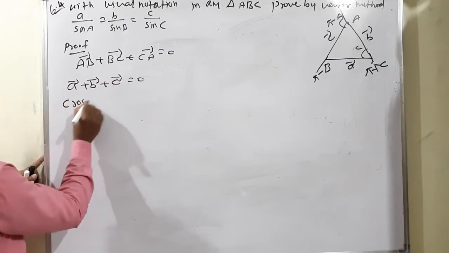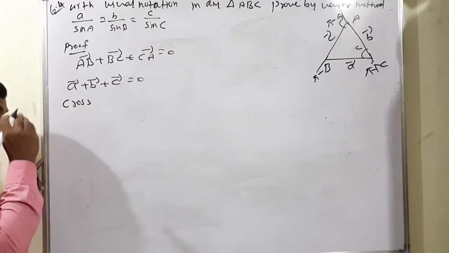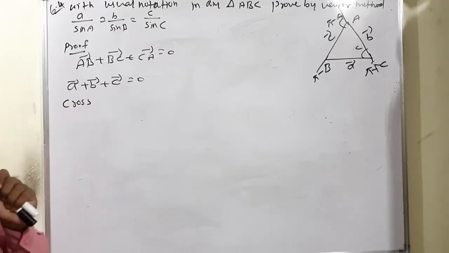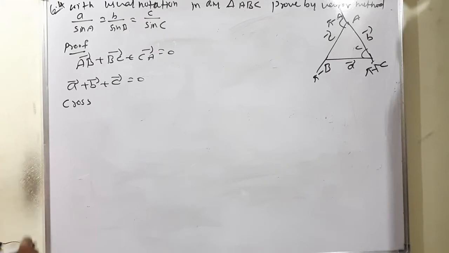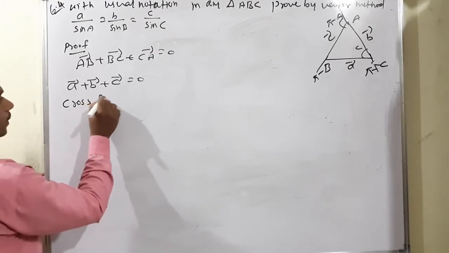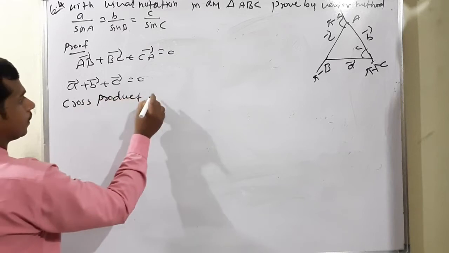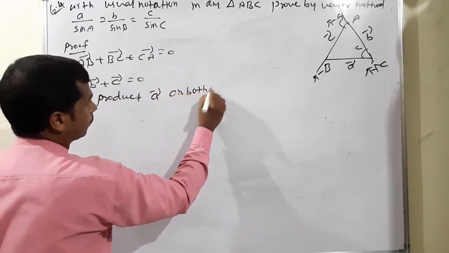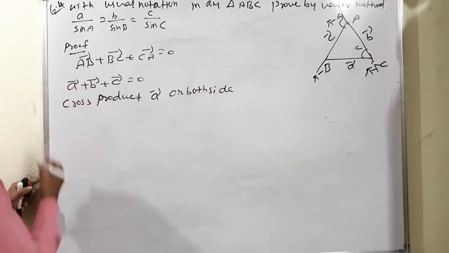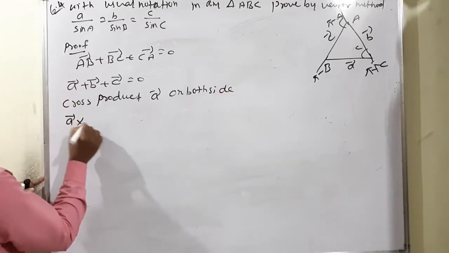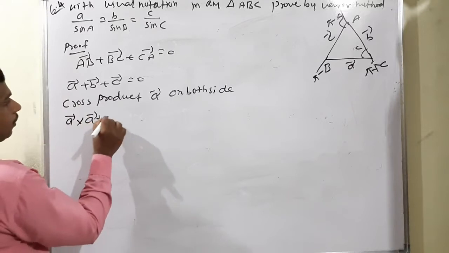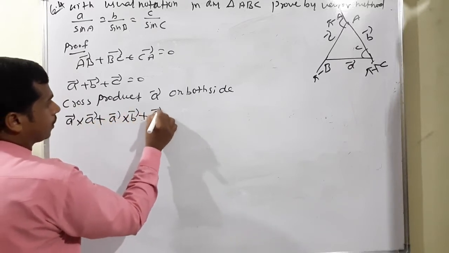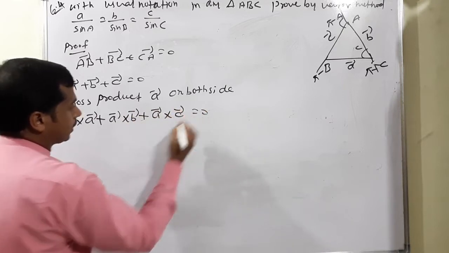Already we have done this in example 6.2, where we took the dot product on both sides, but here we need to apply the cross product with a vector on both sides. So a vector cross a vector plus a vector cross b vector plus a vector cross c vector is equal to 0.